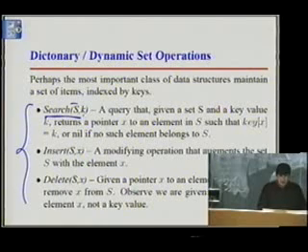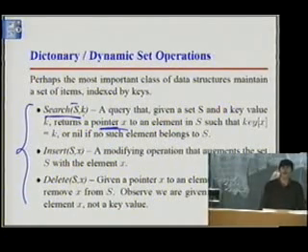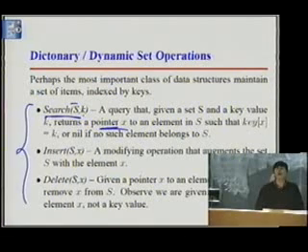And it asks us, is Skiena in the key of one of the elements in that data structure? If it doesn't, tell us it's not there. If it is, return a pointer to the element associated with that key. Question about what search is doing?